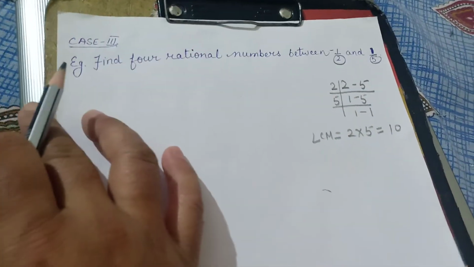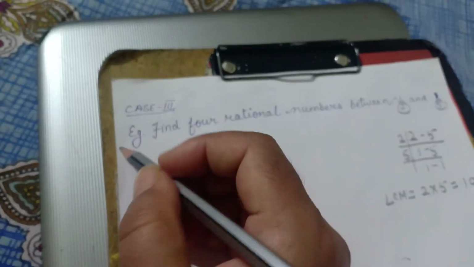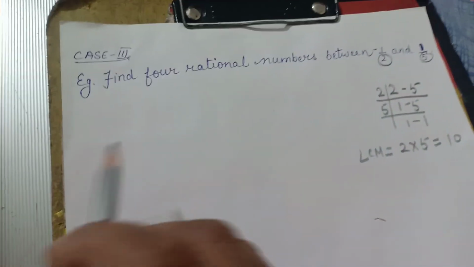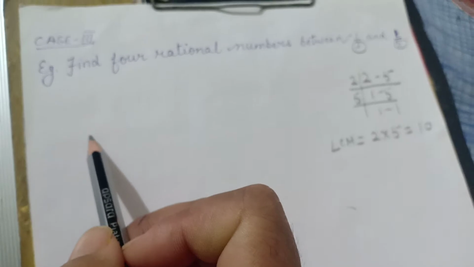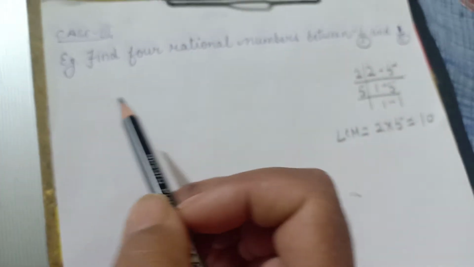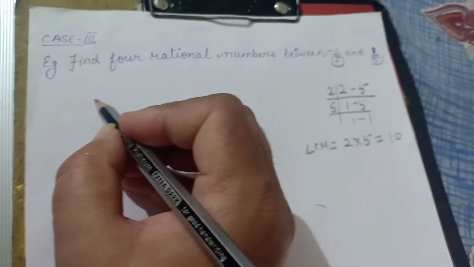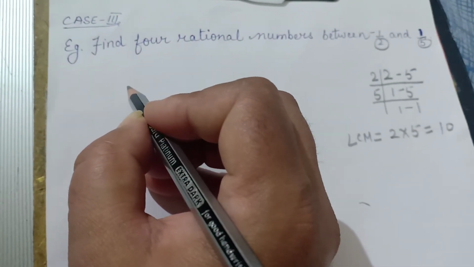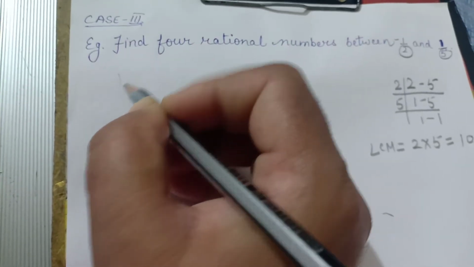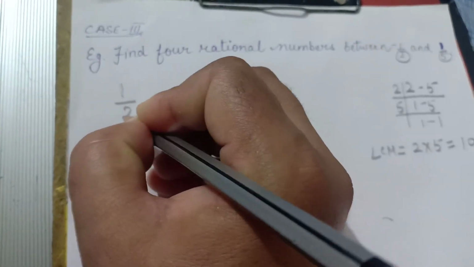So we need to make both the rational numbers' denominator 10. So how can we make their denominator 10? We'll write the first rational number, that is minus 1 upon 2.